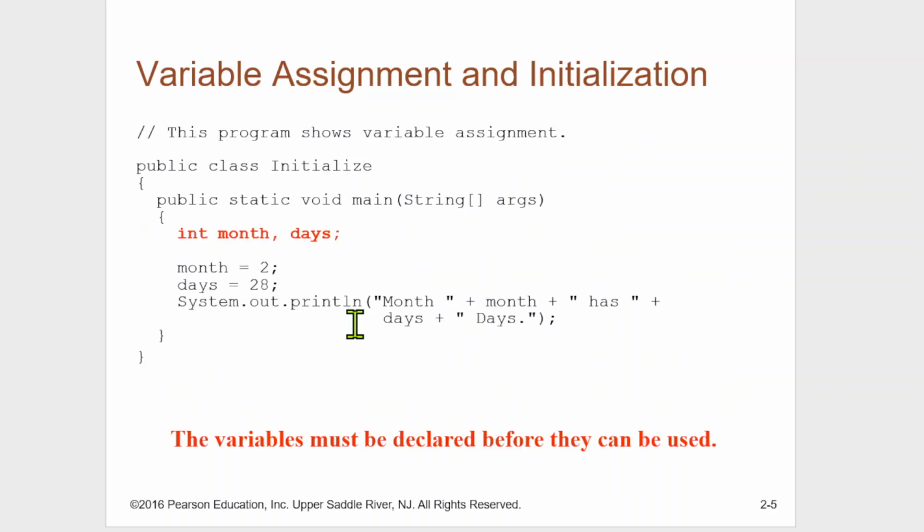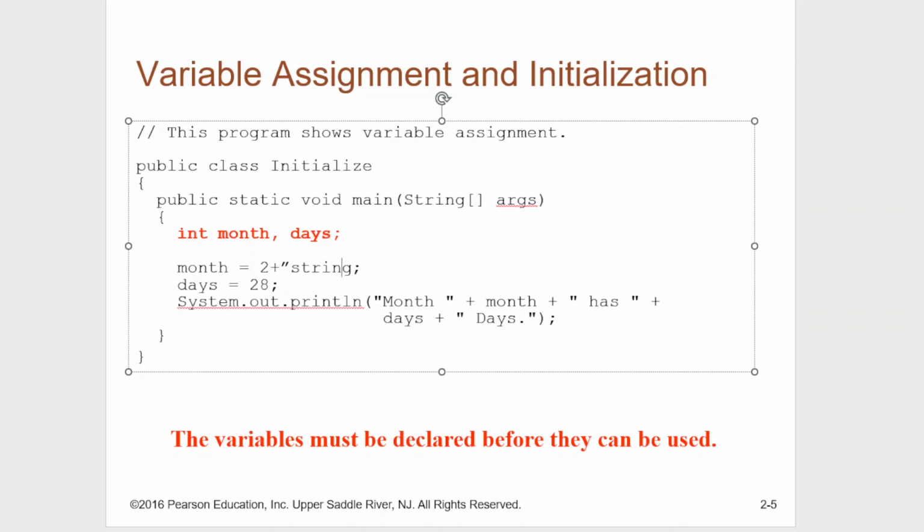So the literal is here: I have month is 2, days 28. If I had it 2 times 8, for whatever reason I wanted to, that would be an expression. That's going to evaluate to 16, but I can't do a string thing with it because the month has been assigned as an integer. So even your expression has to result in the data type you've assigned the variable.